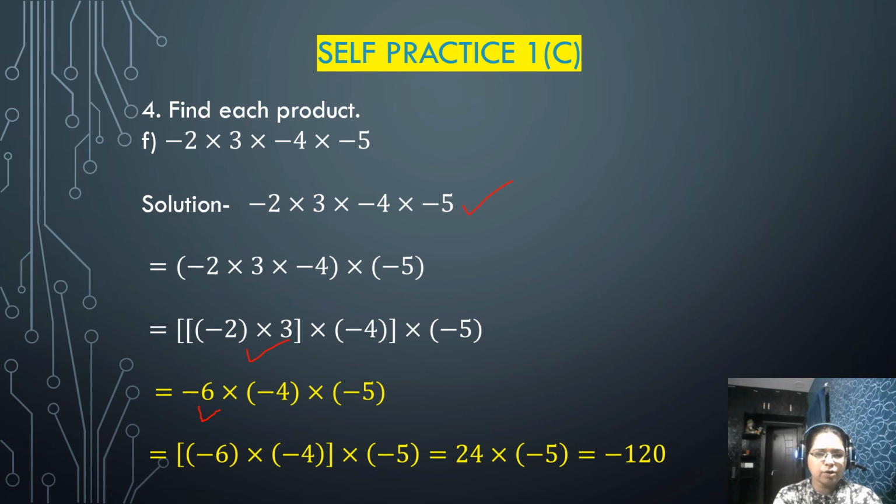Then minus 6 multiplied with minus 4 is plus 24, as the product of negative integers is a positive integer. Then we multiply 24 with minus 5. Multiplication of a positive integer and a negative integer gives a negative integer. So 24 multiplied with minus 5, we get minus 120, and minus 120 is a negative integer.